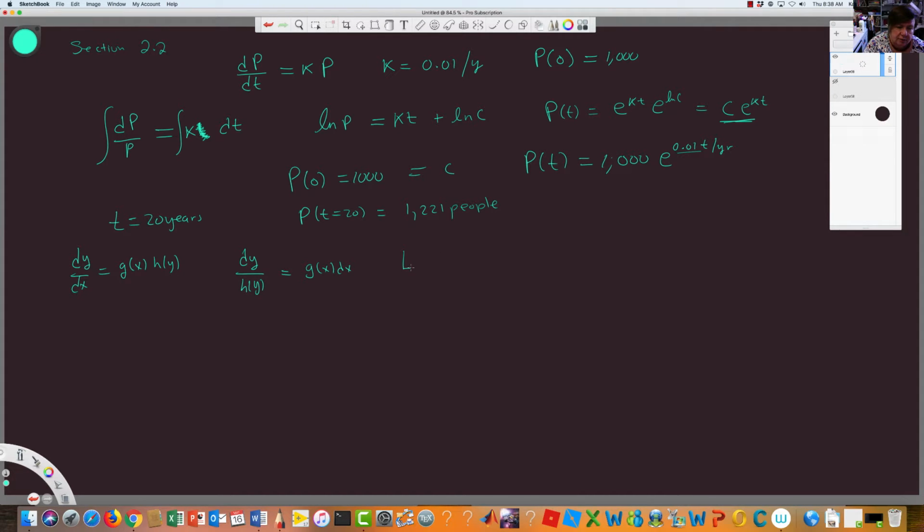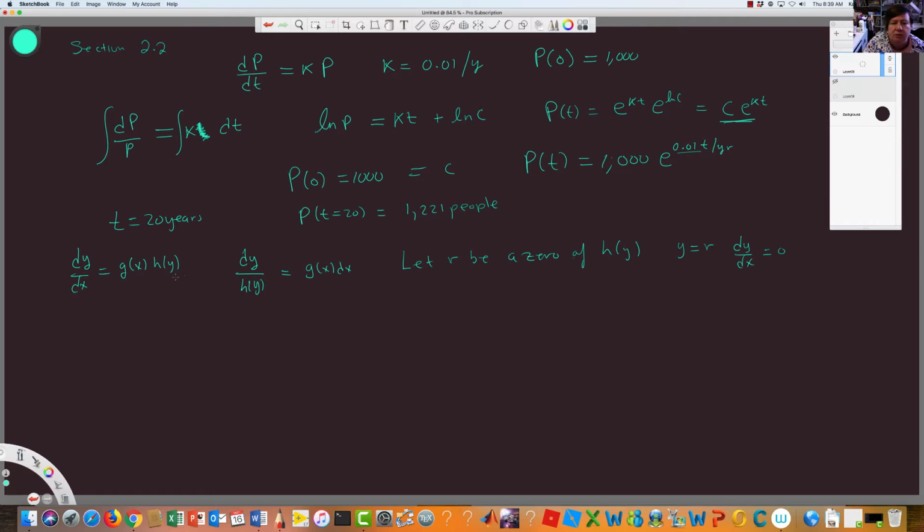So if we let r be a zero of h, then when you have y equals r, you have dy dx equal to 0 because r is just a number, and the right side is 0 as well, if you wrote it in this form. So this is sort of a stationary point, a constant solution.